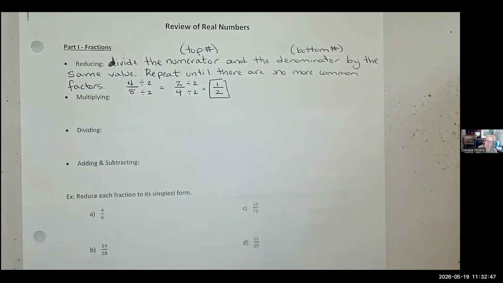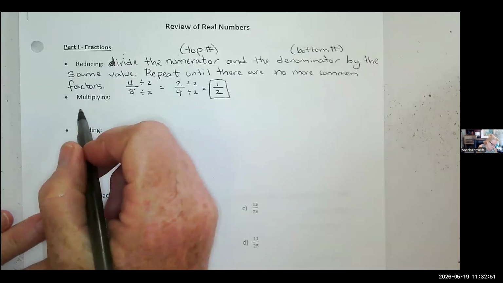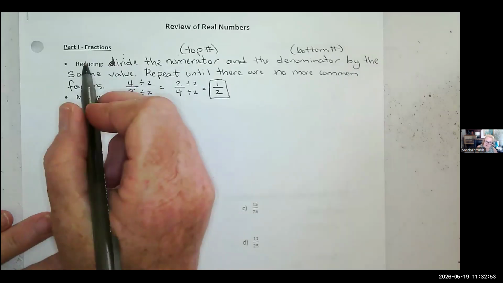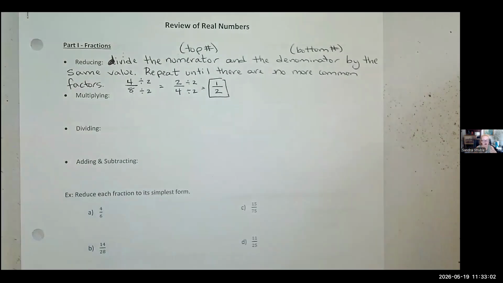Multiplying fractions, again, having to do with fractions. You multiply the numerators straight across and the denominators straight across. But, this is a big but, I always like to reduce first, okay? Reduce first if you can, because then it's easier to reduce them before multiplying.